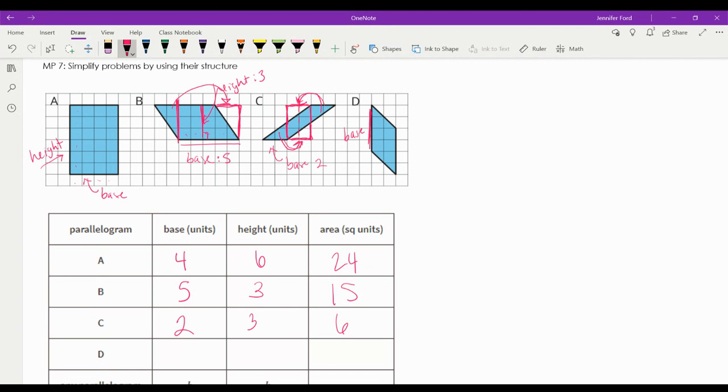Okay, so my base looks like 1, 2, 3, 4. Okay, and then my height, if I were to take scissors and cut that piece off and move it physically over here, the height is going to be 2.